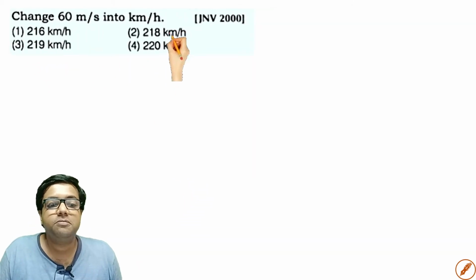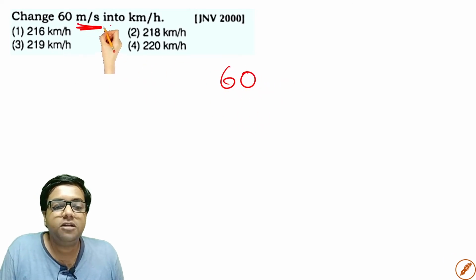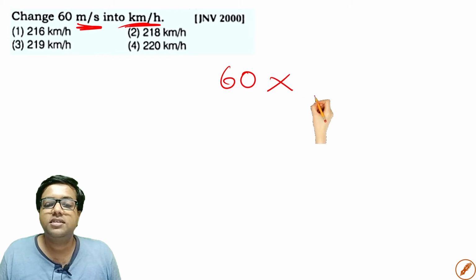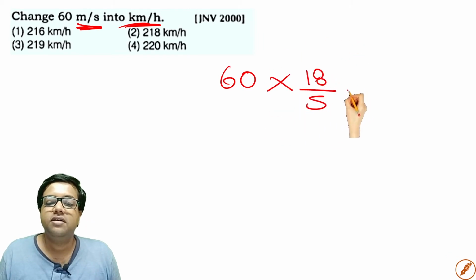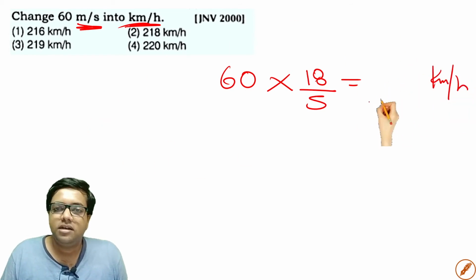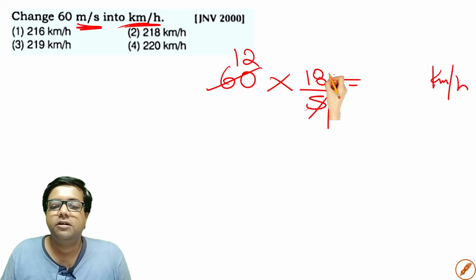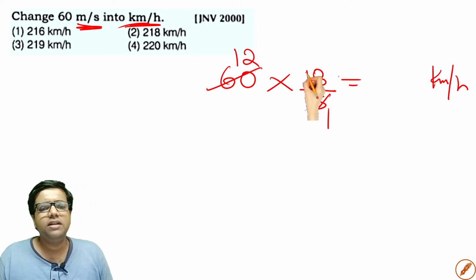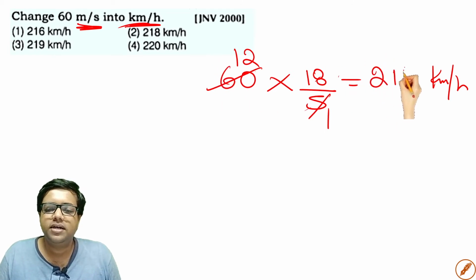Change 60 meter per second into kilometer per hour. Now the question is very interesting. From meter per second to kilometer per hour, the same fraction 5 by 18 will be inversed. That will give you 18 by 5. This needs to be multiplied, then you will get the kilometer per hour converted speed. 5 ones are 5, 5 12s are 60, so 12 into 18. You will get 216.